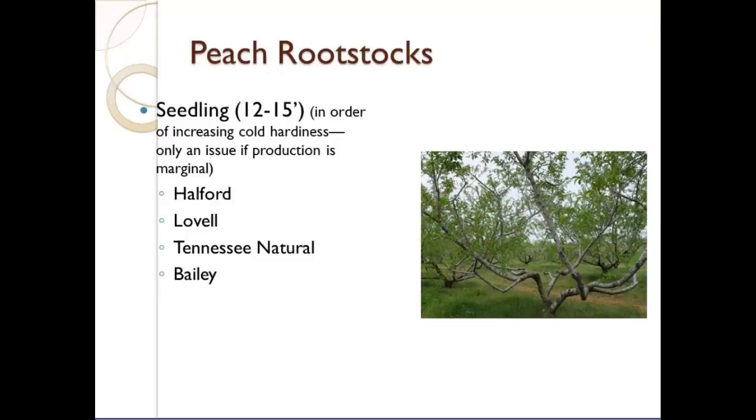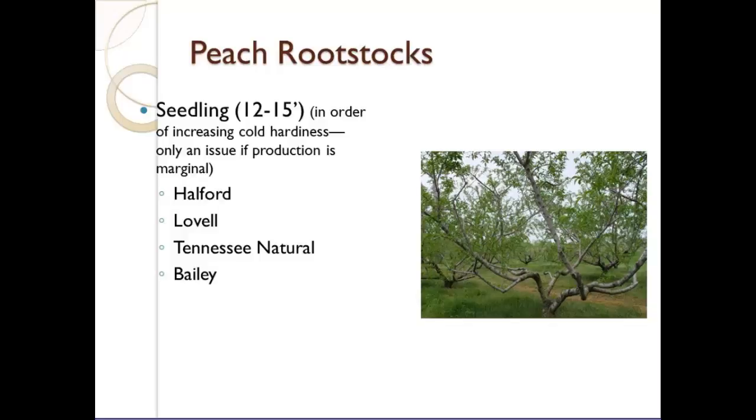When we're talking about peach rootstocks, most of these are seedling, meaning that they don't offer any dwarfing effect. Really what they are is good in soil conditions and hardiness. So for the most part, unless you're above the confluence of the Illinois and Mississippi River area, if you're going to attempt to grow a few peach trees north of that, it really doesn't make a difference on these.